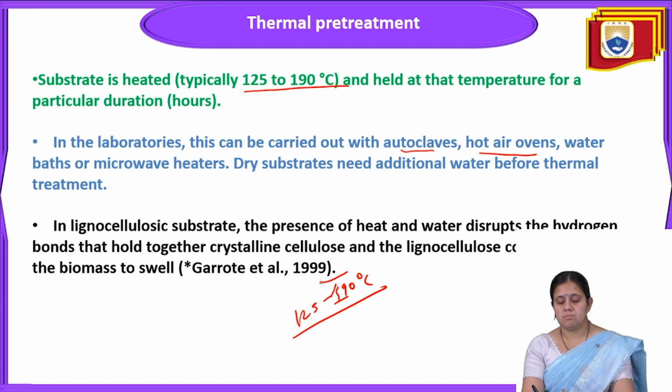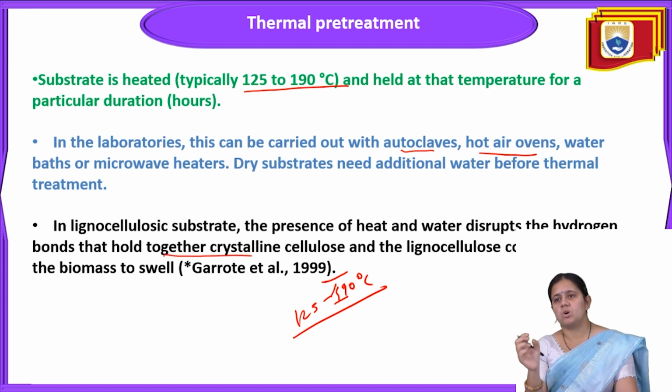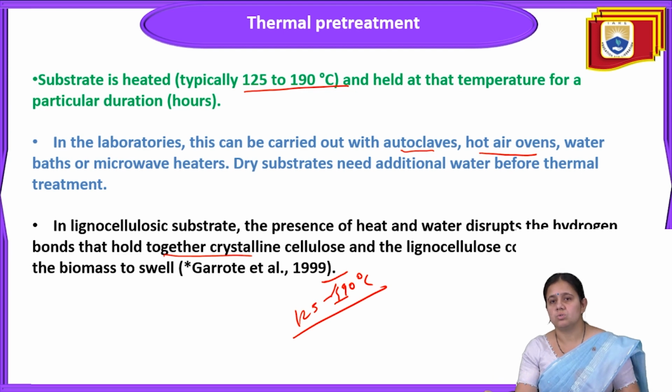This was reported by Garrett et al. in 1999. So the presence of heat and water disturbs the hydrogen bonds that hold together the crystalline cellulose and the lignocellulose complexes, which causes the biomass to swell.